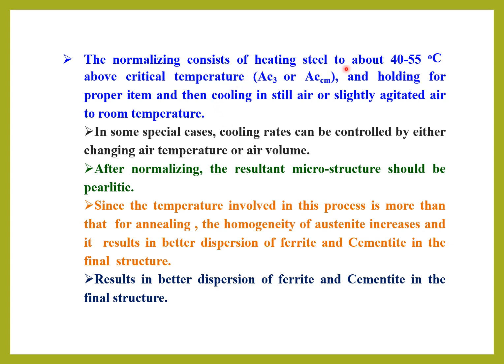For normalizing, we heat the steel up to 40 to 50 degrees above the upper critical temperature, then wait for some time. Why are we waiting? So that the structure is converted to a uniform structure. Then we cool slowly in air to room temperature.